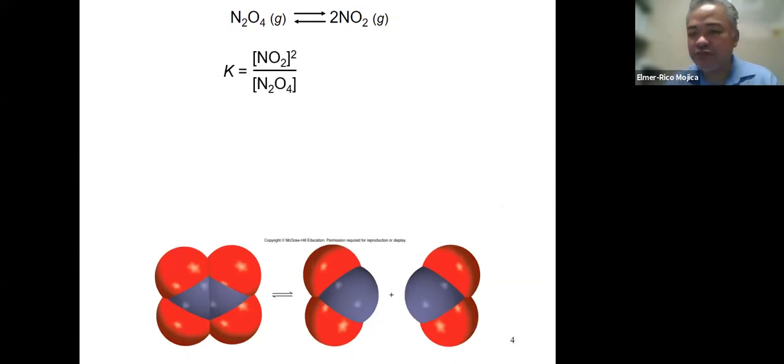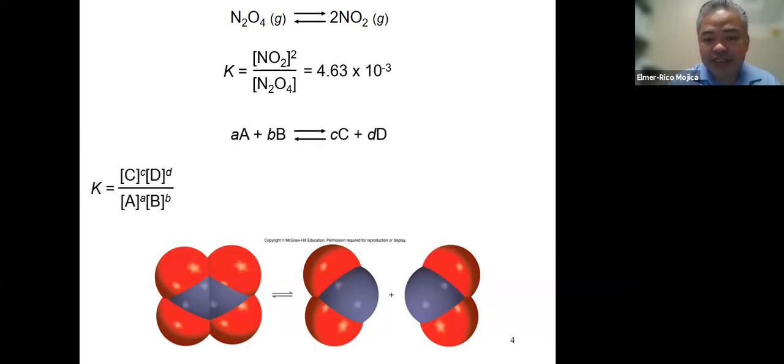Now, the way you express the equilibrium is just the ratio of the products over the reactants. So what K tells us has something to do with the ratio of the products over the reactants. So if you're going to look at the general equation in expressing chemical equilibrium, you follow this law of mass action.